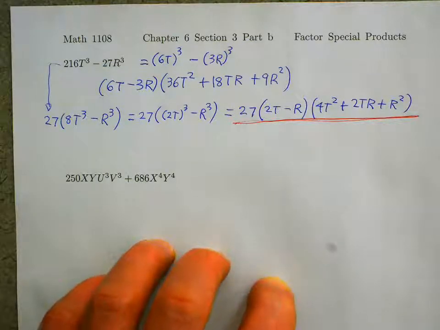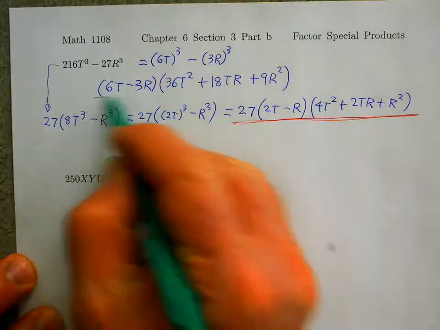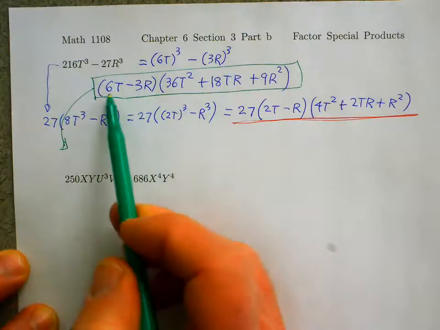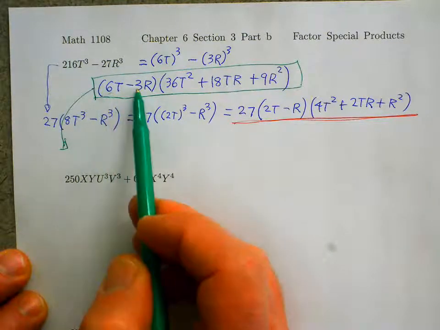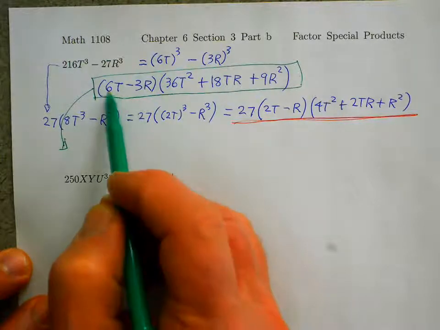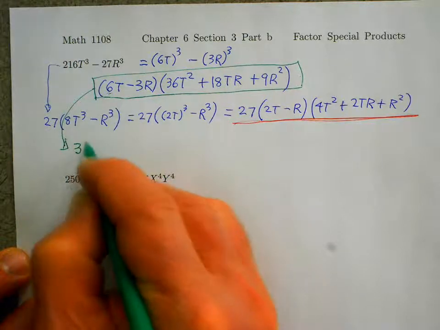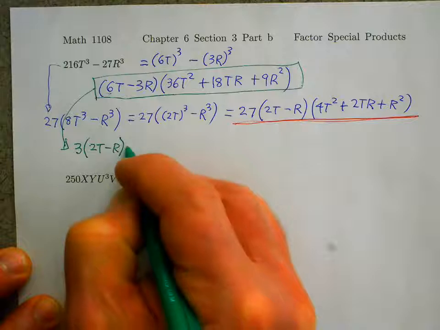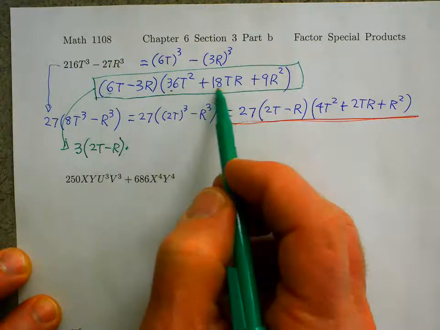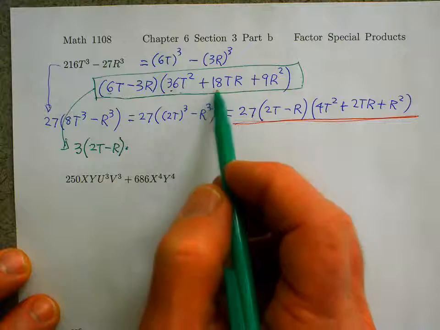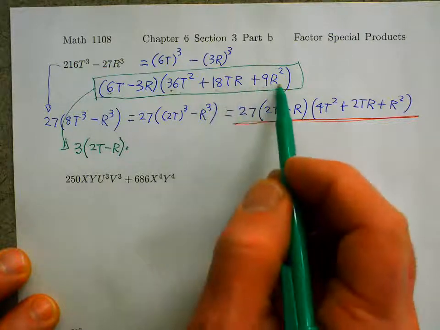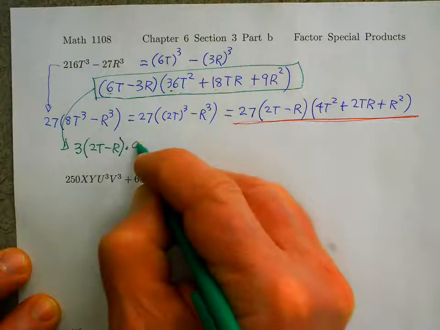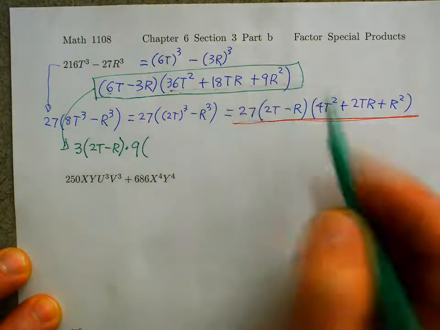I did mention that we could, from this stage, get the complete factorization. The greatest common factor of 6t and 3r is 3, so we could write this as 3 times 2t minus r. And then out of 36t to the second plus 18tr plus 9r to the second, 9 is the greatest common factor, so we could factor 9 out of each of those 3 terms.